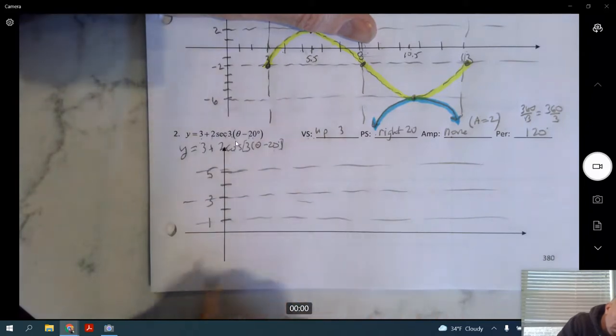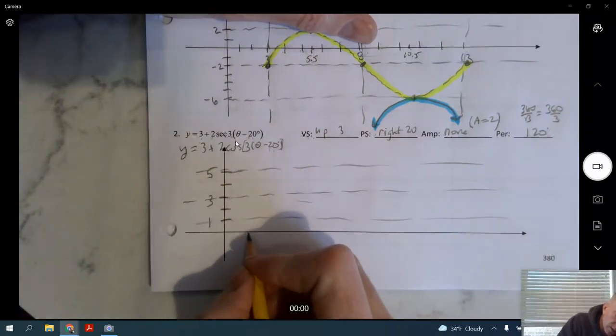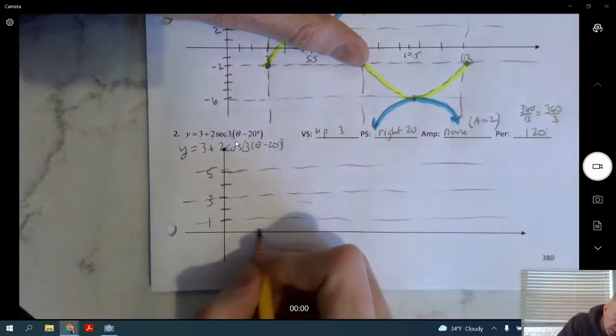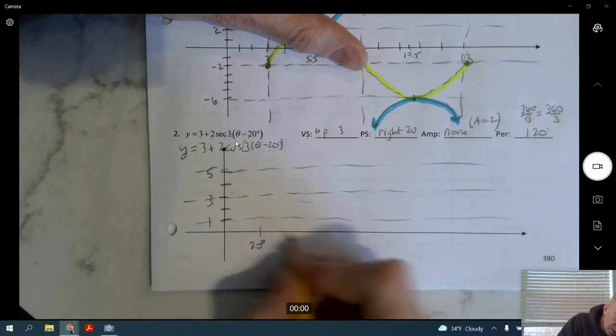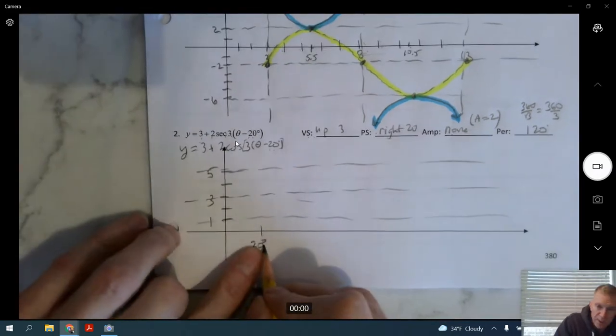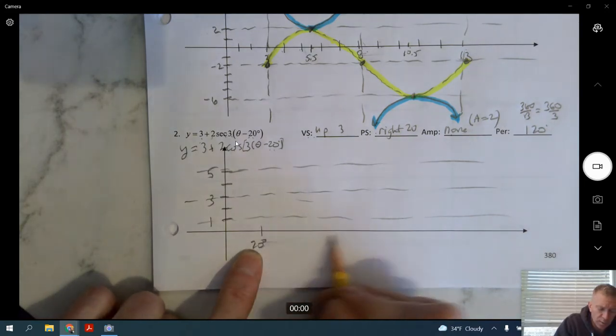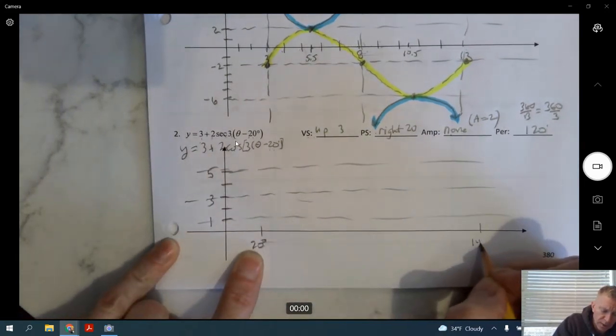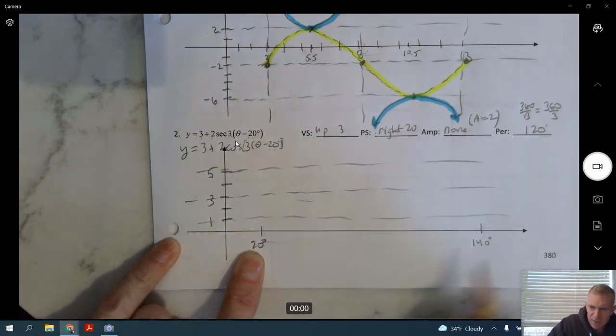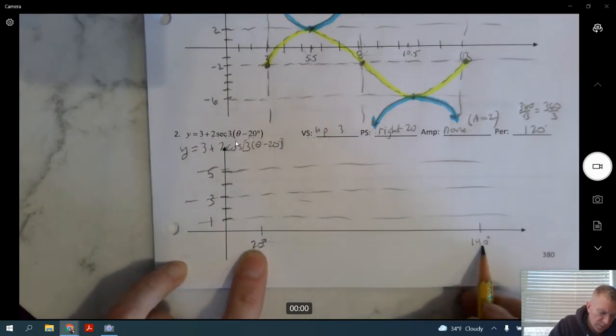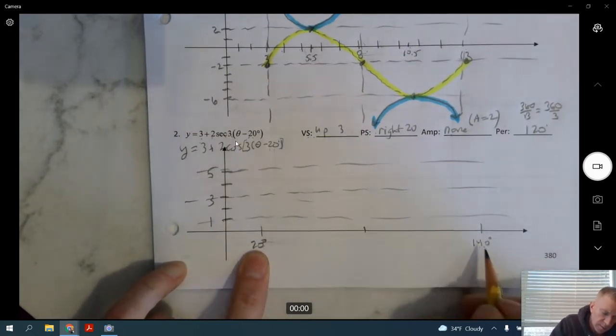Okay, now we can do the horizontal shift, right 20, and then the period's 120. So I'm going to just kind of estimate 20, and then my period is 120. So I start at 20 and I go for 120. I'm going to end at 140. Let's find my midpoint. Halfway from 20 to 140 is, add them up, divide by 2.